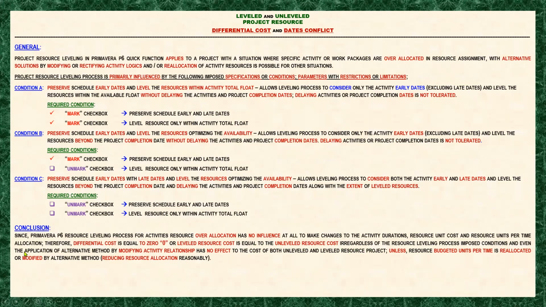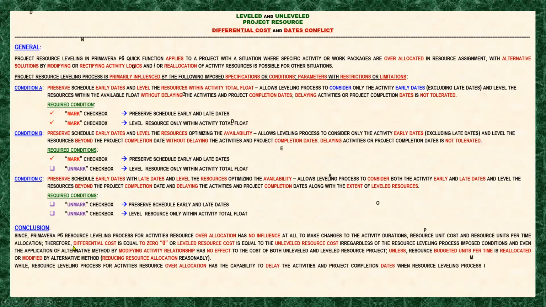And even the application of the alternative method by modifying activity relationships has no effect on the cost of both unleveled and leveled resource projects, unless resource budgeted units per time is reallocated or modified by the alternative method by reducing resource allocation reasonably.